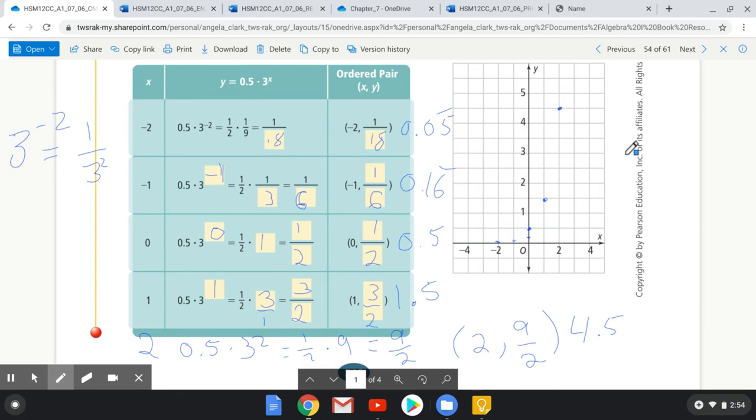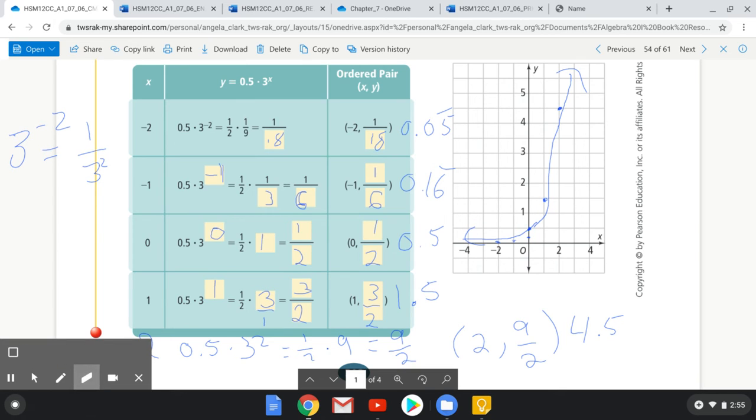So now we just need to connect the dots that we've made. So I'm going to start up here, and I'm going to come through. Sorry, I'm writing with my finger, so it's really hard to actually see where my line is. I missed all the dots, but that's basically the shape that you're going to have.